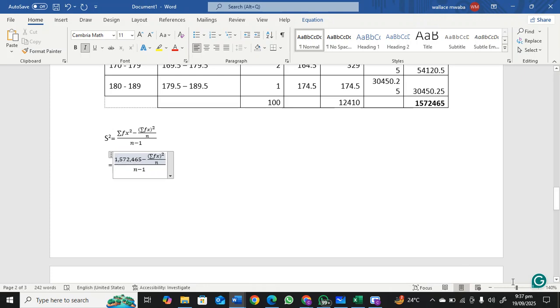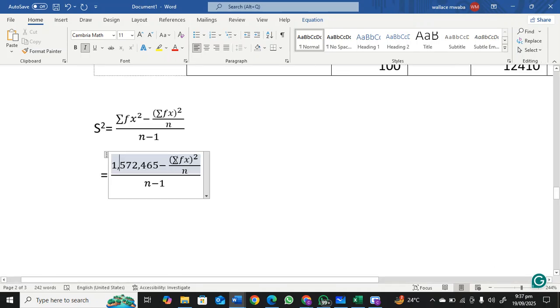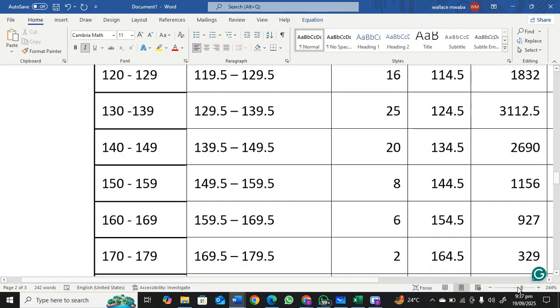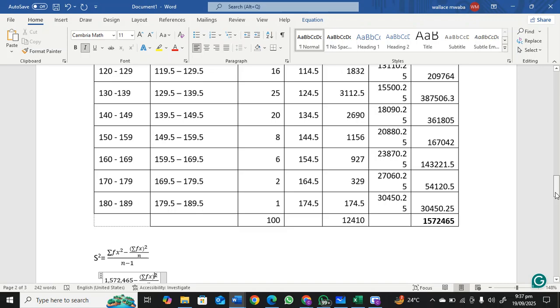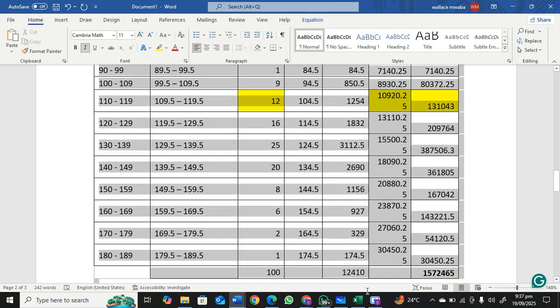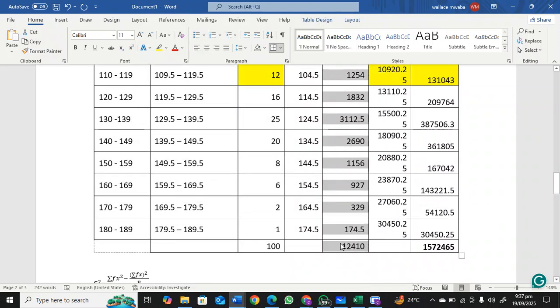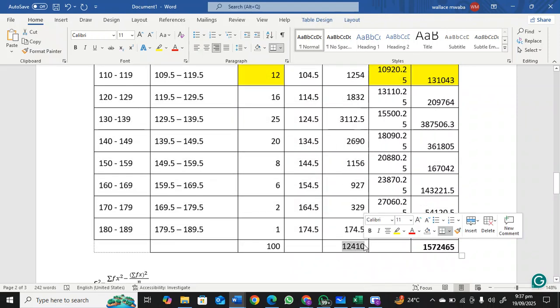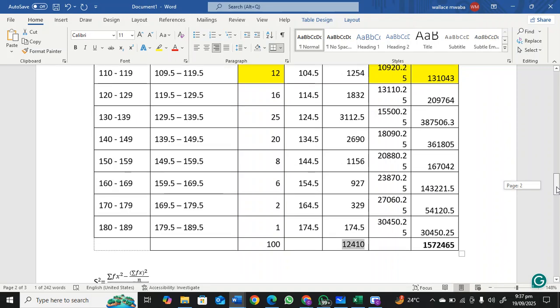Then here, the summation of f times x. This is where we multiply the frequency and the midpoint. This value we got here, 12,410.